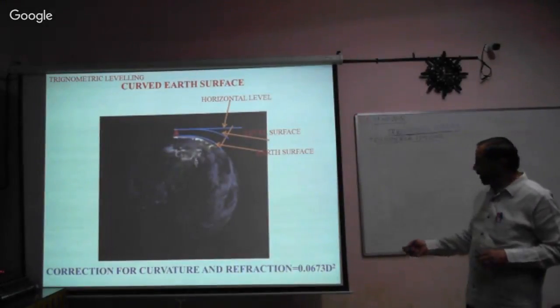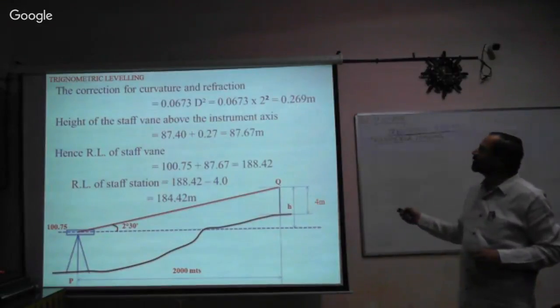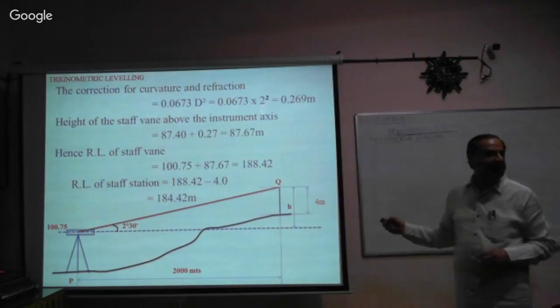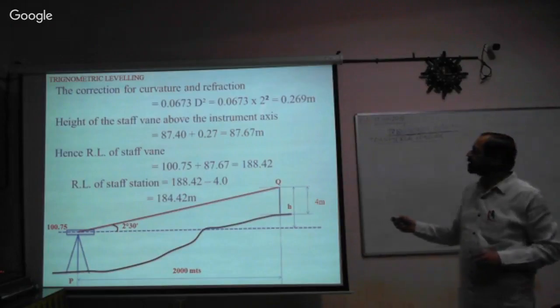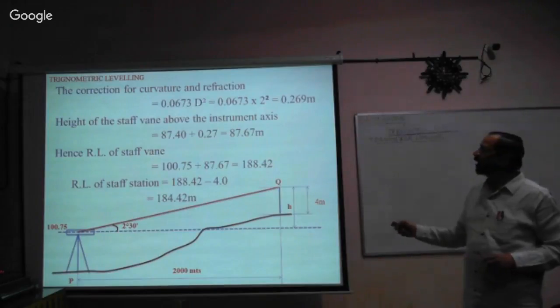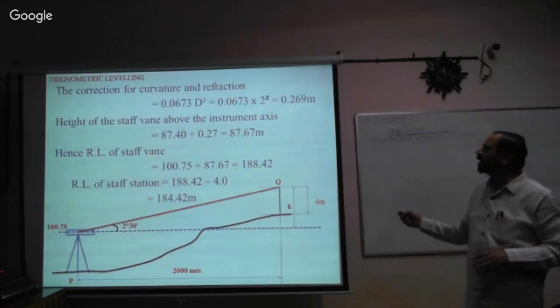Now, let us see what we have done here. That is calculated here. It is 2 kilometers, substituted in kilometers, so 0.0673 d square gives the value of the curvature and refraction error.